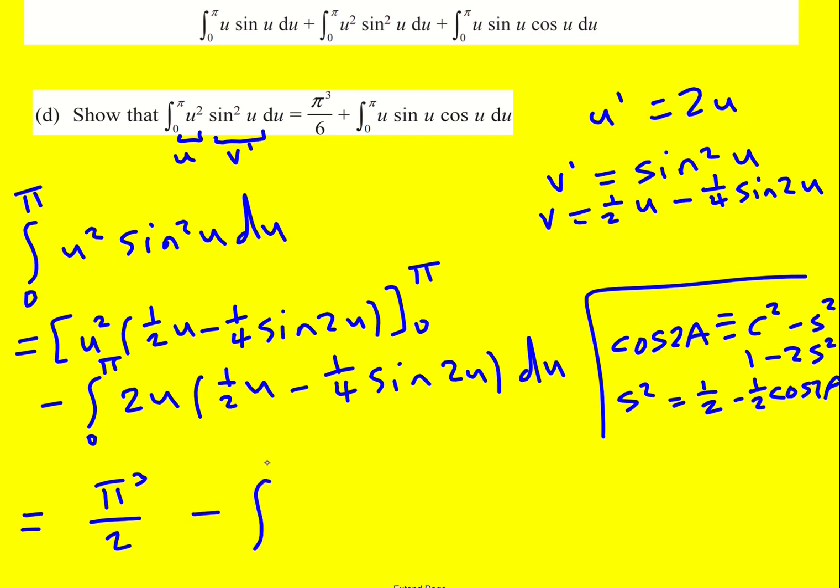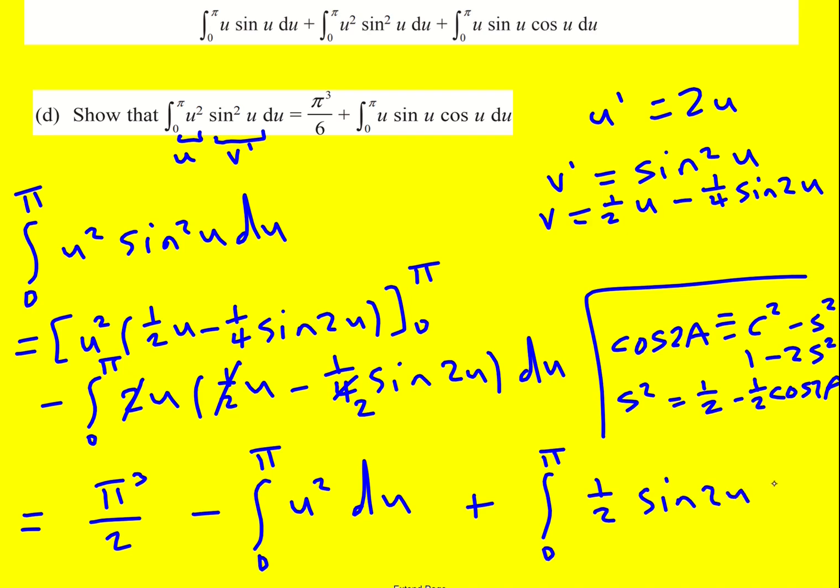Then I'm going to separate this into two integrals. So this 2 is going to cancel with the half and partially with that 4. So I'm going to be minusing the integral of u squared, which I'm integrating with respect to u, and then actually adding the integral from 0 to pi of a half sine 2u.